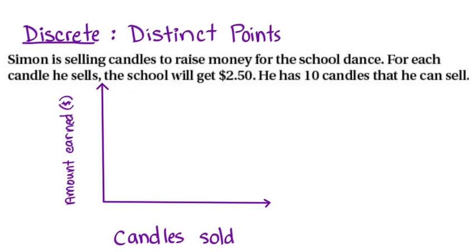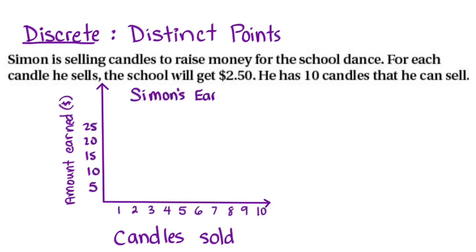If I make this as a graph of candles he can sell and money he can earn, then if he sells one candle, he can earn $2.50, and 2 would be $5, and so forth. Notice, though, that there's never a line that goes across this because you can't sell part of a candle. You can't sell half a candle.